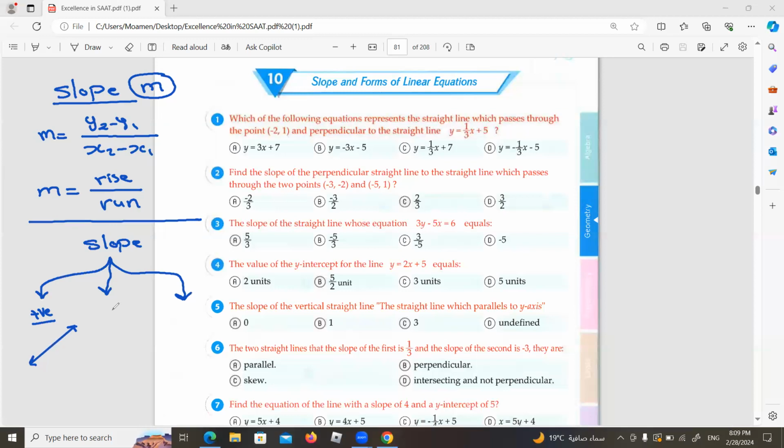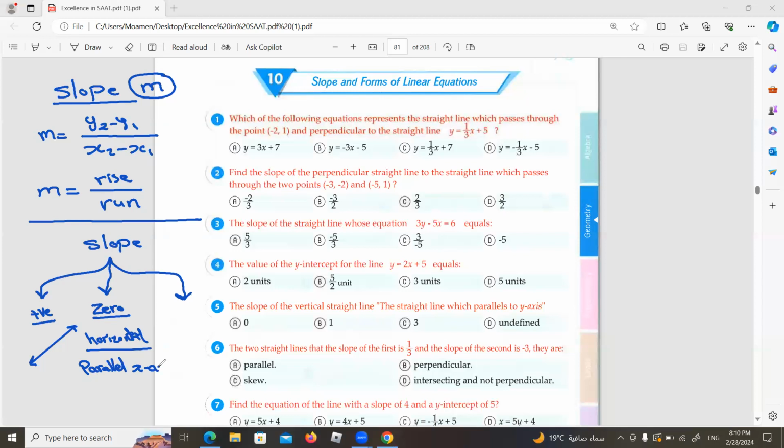When the slope is equal to 0, we have a horizontal line, or a line which is parallel to the x-axis.